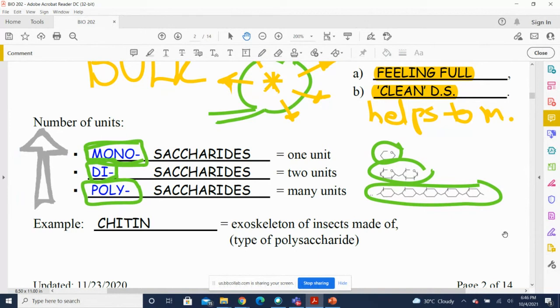And the next topic that I wanted to talk about is going to be our lipids. So let's have a look at lipids. Lipids, of course, refer to many different kinds of fats that we might have. So let's talk a little bit about those.